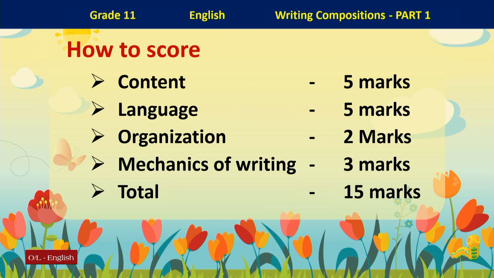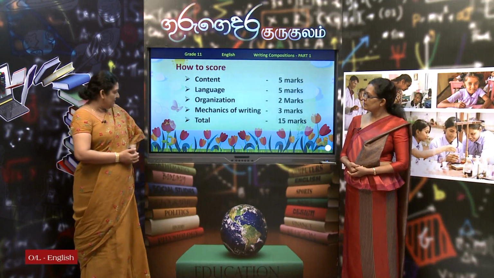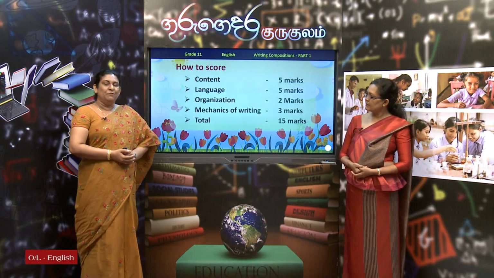Organization, you have to have well connected sentences and it should be relevant as well. You get 2 marks for that. Mechanics of writing, here for punctuation marks and spelling mistakes, you have to avoid those things because it carries 3 marks, and the total is 15 marks.